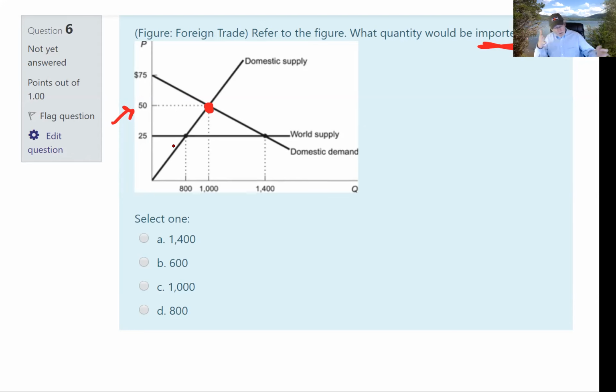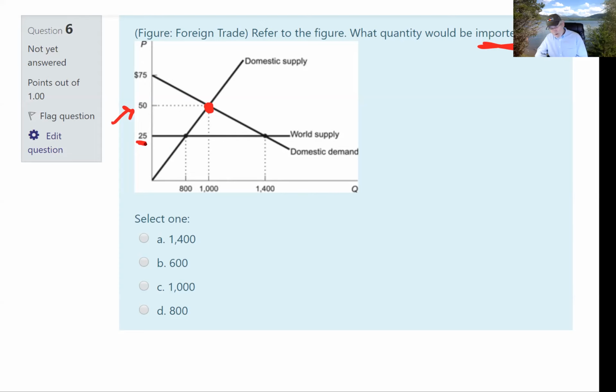Here we're assuming consumers are going to buy from whoever sells to them at the lowest price. So obviously, they're going to buy a lot of this output from foreign producers. But how much? Okay? How much? Well, the world price is 25. At that price, world producers outside of this country are willing to sell as much as people want to buy.